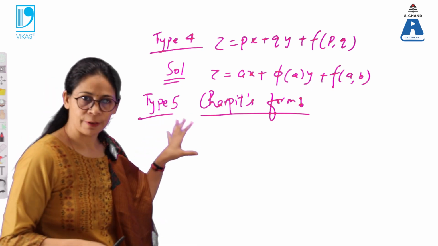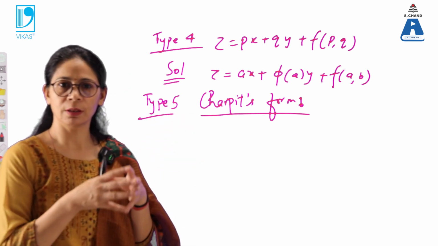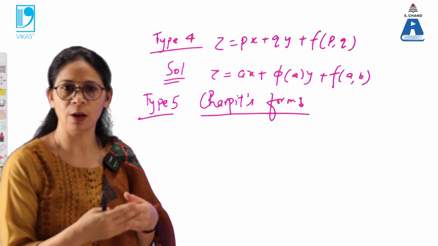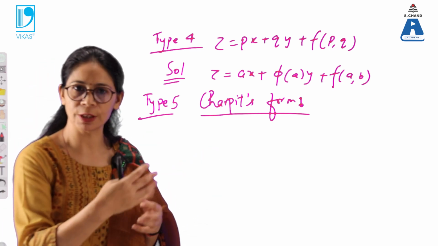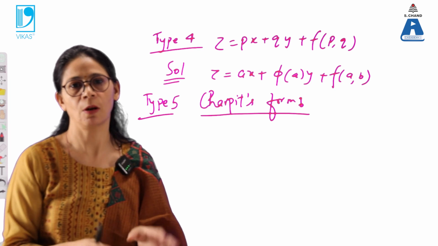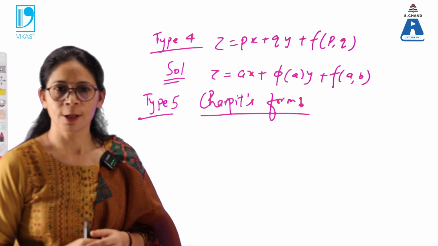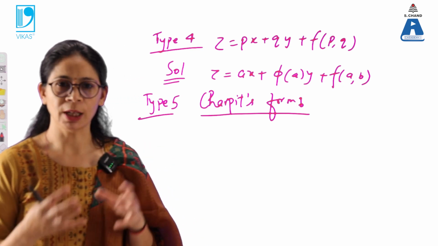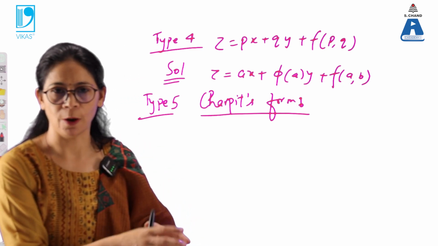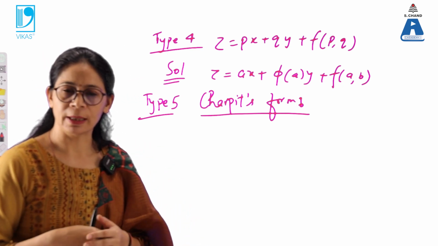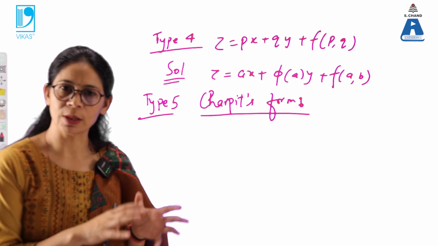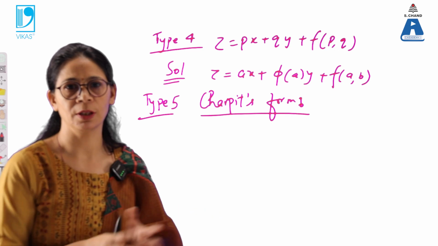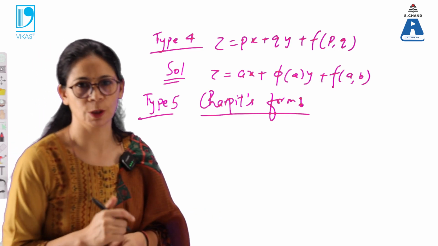For type 5, if the given partial differential equation does not fall in any of these 4 forms, then it can be solved by Charpit's form. In Charpit's form, we form a set of auxiliary equations like we did for Lagrange's form. The formula will be a little different, and then the auxiliary equations will be solved in a similar manner as we did for Lagrange's form in the previous videos.